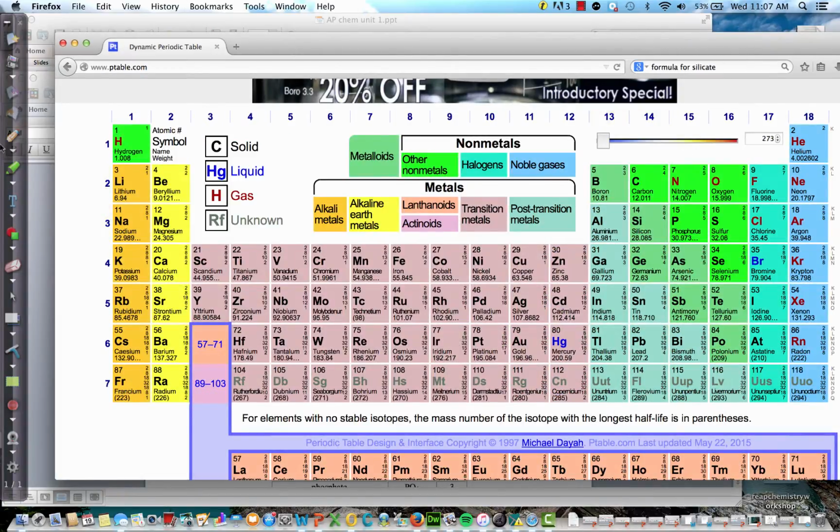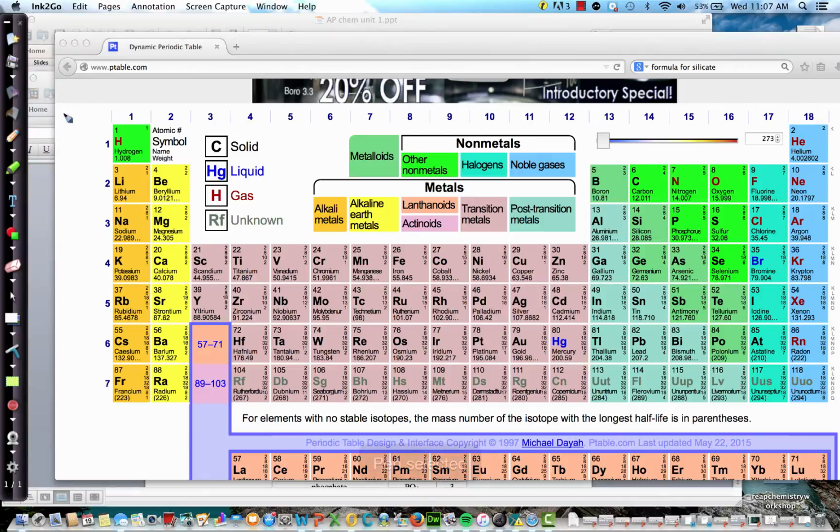Okay, so the Stealth Bomber works like this. For the polyatomics that have oxygen in them, we can look at the periodic table and kind of tell what the formula and charge will be for a lot of those. Okay, so right here, consider this a plane.